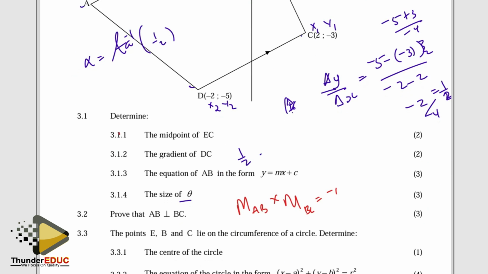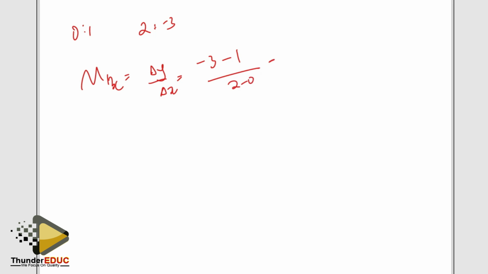So 0, 1, 2, and -3. The gradient of BC is going to be the change in y over the change in x, which is -3 minus 1 over 2 minus 0. It's going to be -4 over 2, which gives me -2.